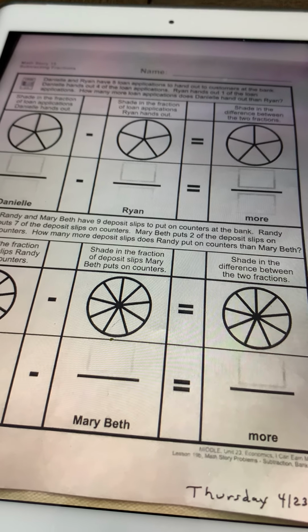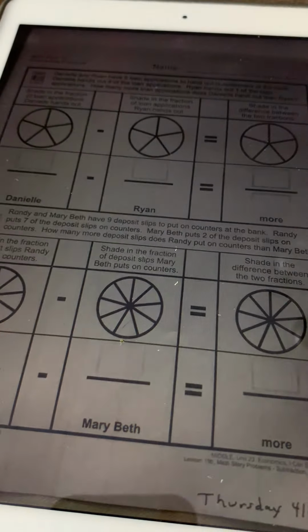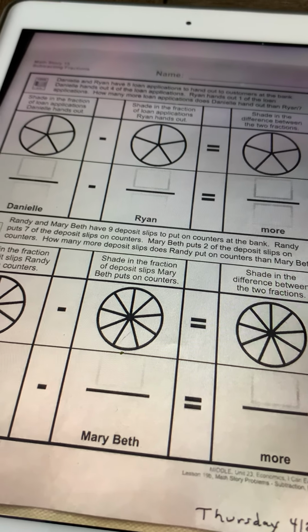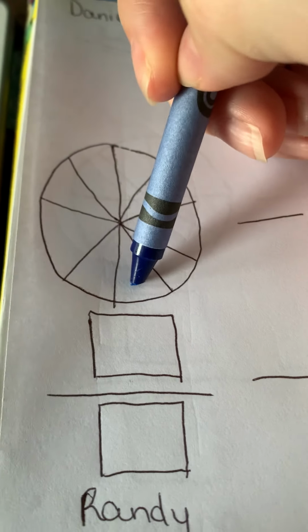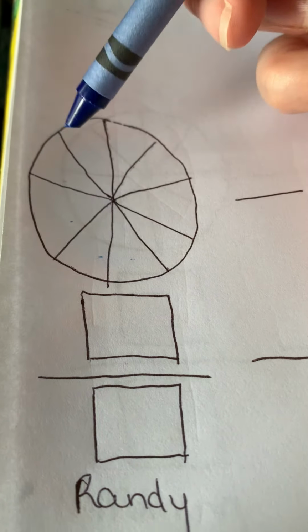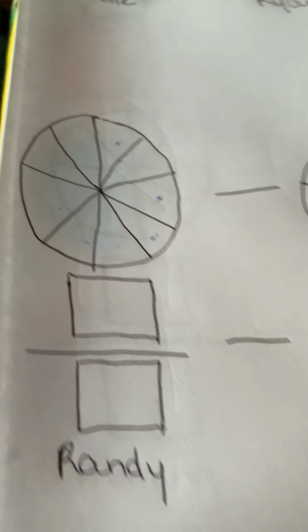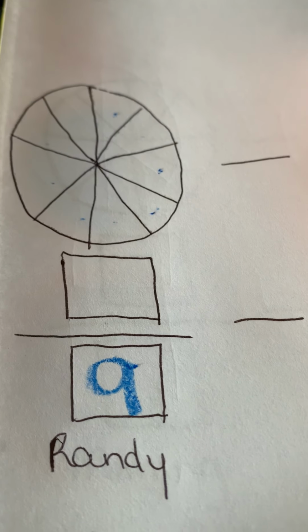How many more deposit slips does Randy put on counters than Mary Beth? So they have a total of 9 deposit slips. So let's make sure we have 9 pie slices. 1, 2, 3, 4, 5, 6, 7, 8, 9. So let's go ahead and make our 9 in our lower box.